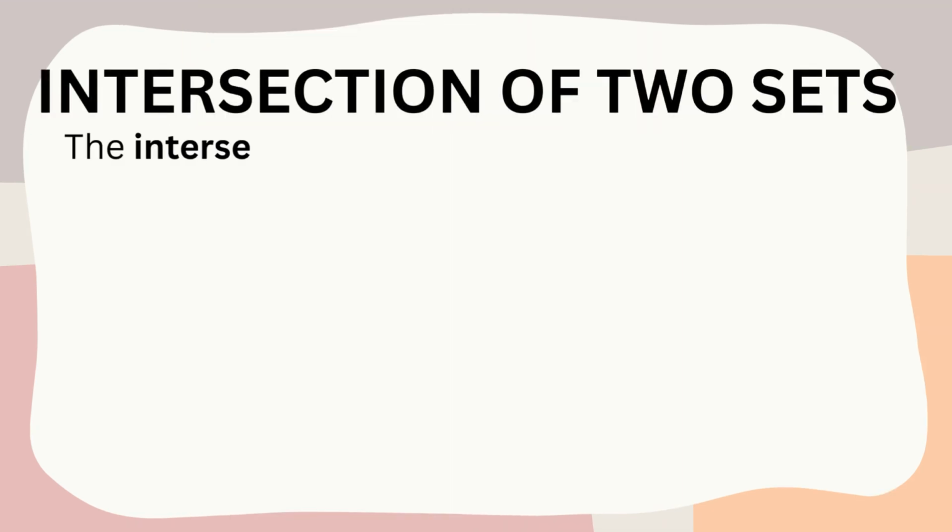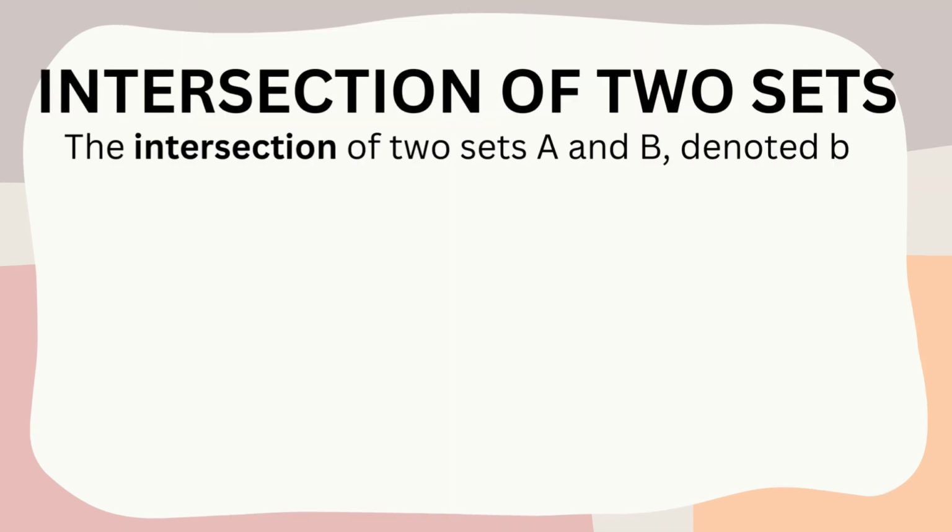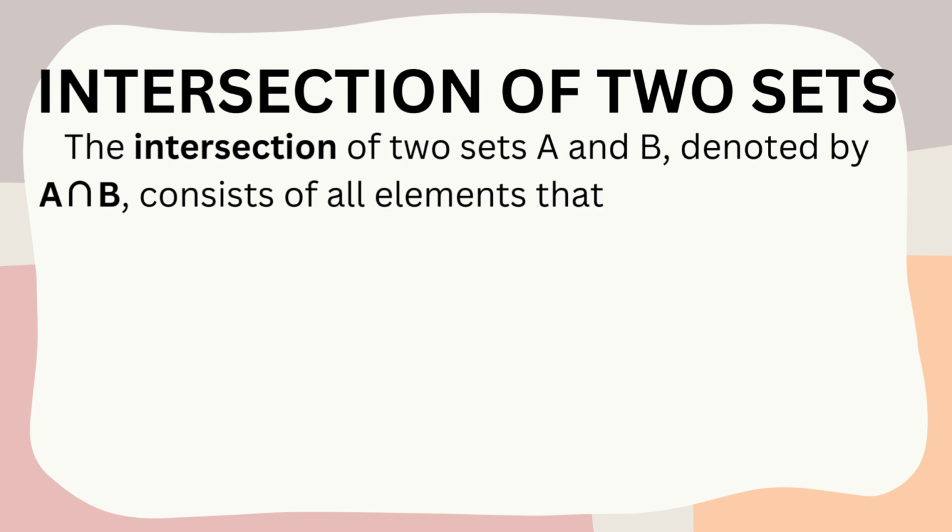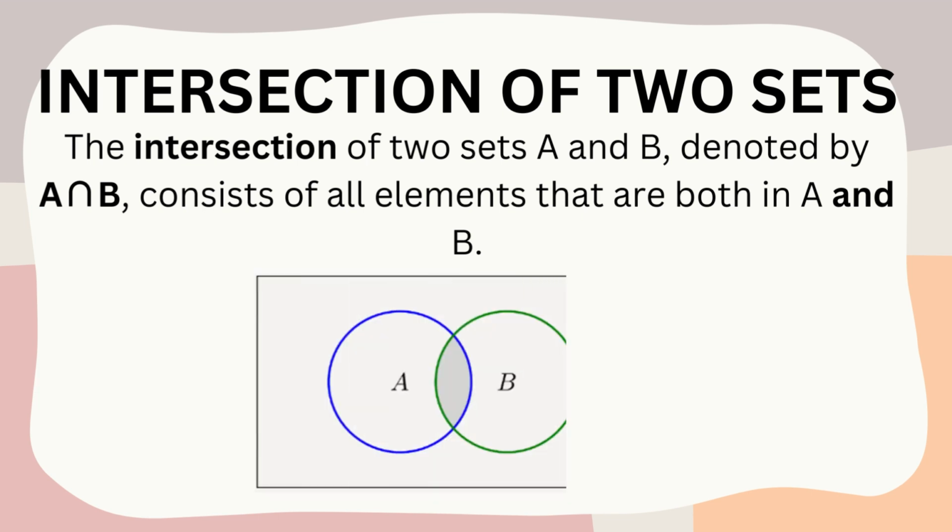The intersection of two sets is denoted with the symbol ∩, and it consists of all elements that are in both A and B, meaning common elements shared between the two sets. It is usually the centermost space shared between the two sets.